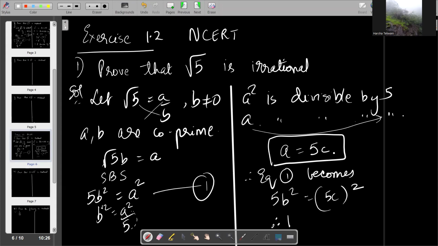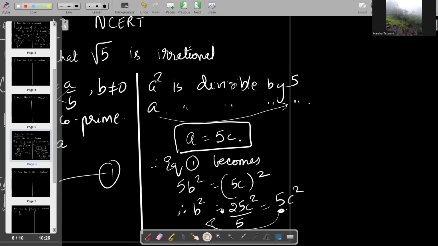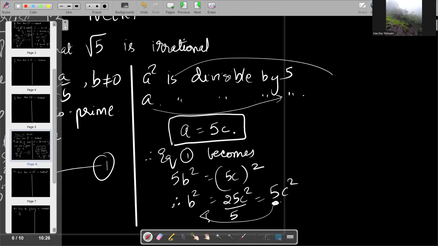Therefore, equation 1 becomes 5b square is equal to 5c whole square. Therefore, b square is equal to whatever by 5. Oh my goodness. B square is also divisible by 5. Just copy paste these statements: b square divisible by 5, so b is divisible by 5.